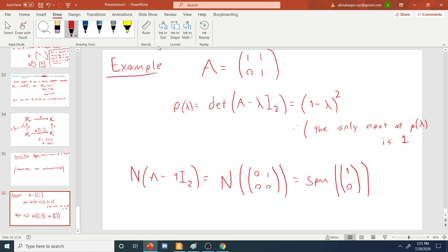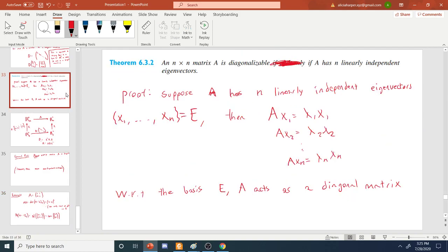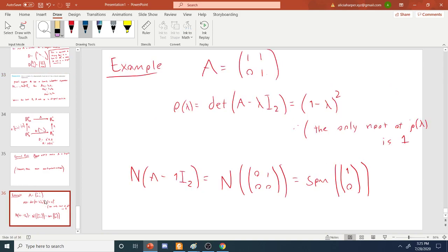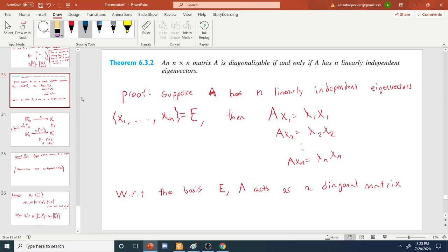So if we look at the statement of this theorem, this matrix does not have two linearly independent eigenvectors, which means it's not diagonalizable.